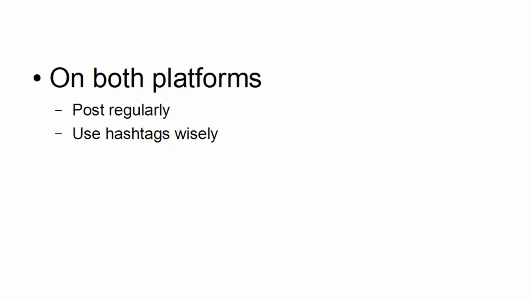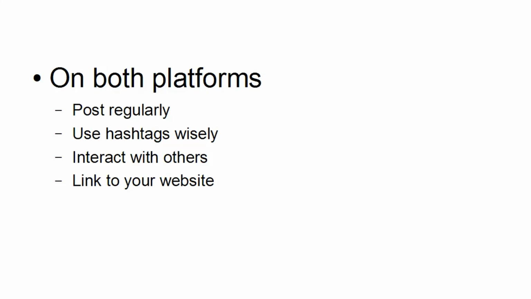You want to use hashtags wisely, especially on Instagram. It uses the same type of hashtags as they do on Twitter. You want to interact with other users. After all, they are both social networks, and getting people to visit either your Instagram feed or your Pinterest boards has a lot to do with how popular you are on the site, how you put yourself out there.